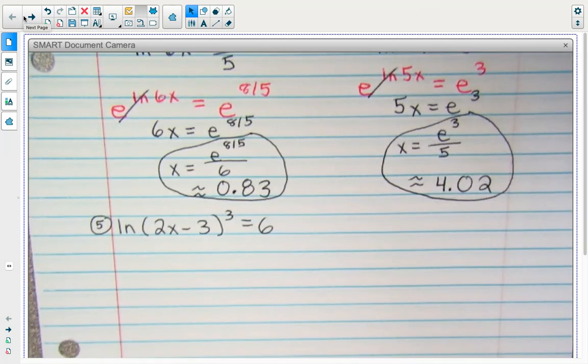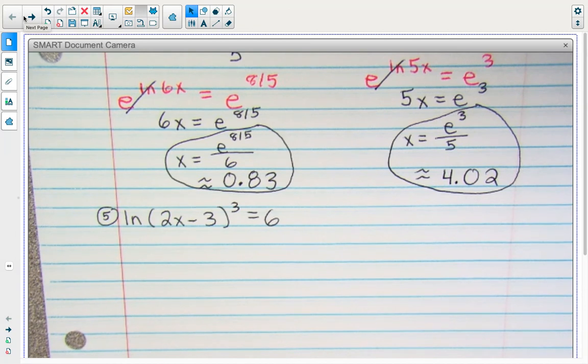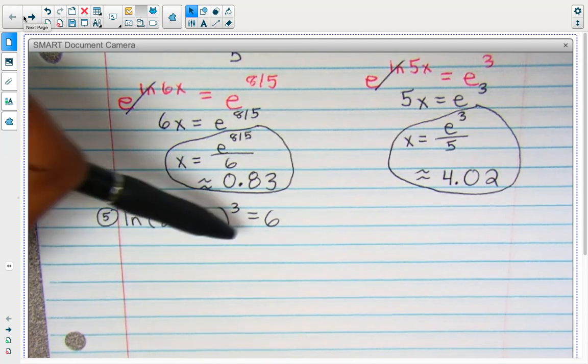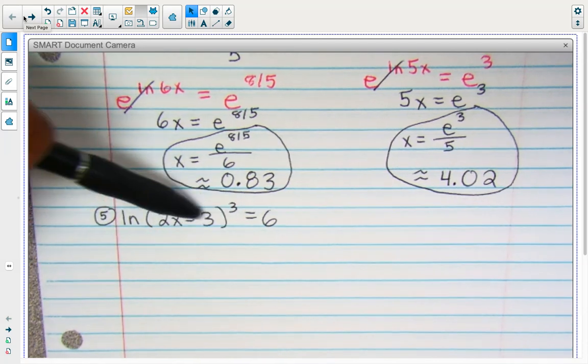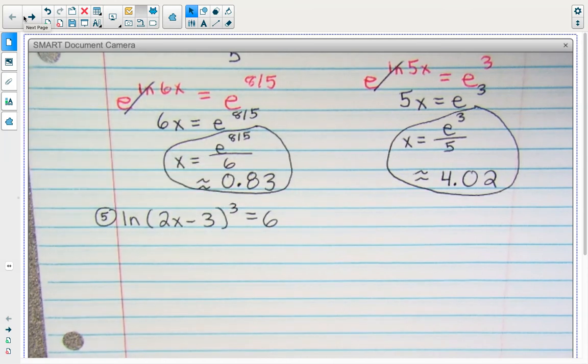Number 5 down here at the bottom, I have the natural log of (2x minus 3) to the third is equal to 6. So I cannot start by adding 3 or dividing by 2 because this is all in parentheses and it's to the third power. So we are going to go ahead and start this problem by exponentiating both sides.